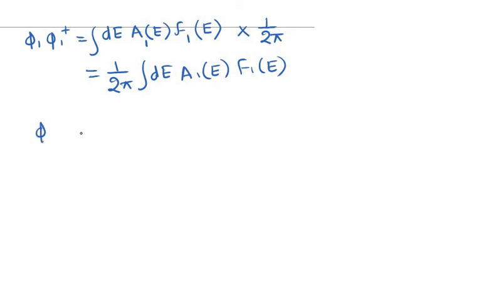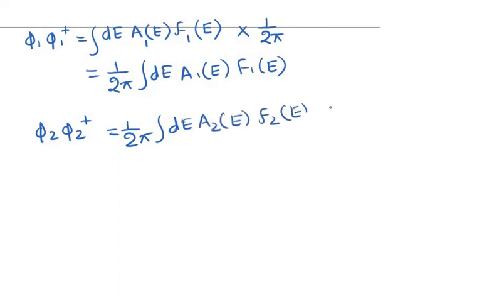Similarly, phi 2 phi 2 dagger is 1 by 2 pi integral of dE A2(E) F2(E).